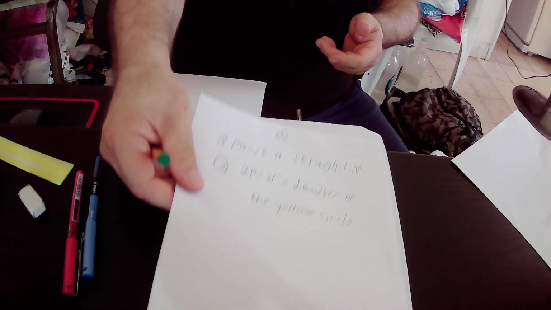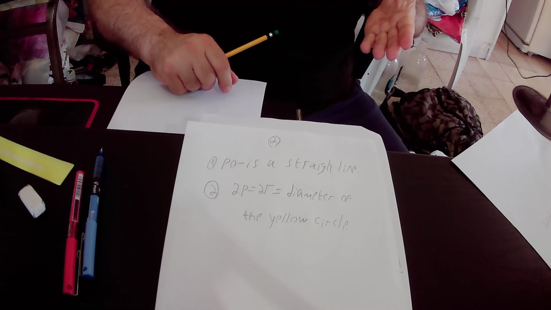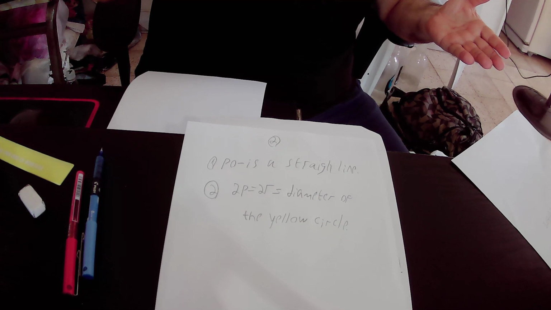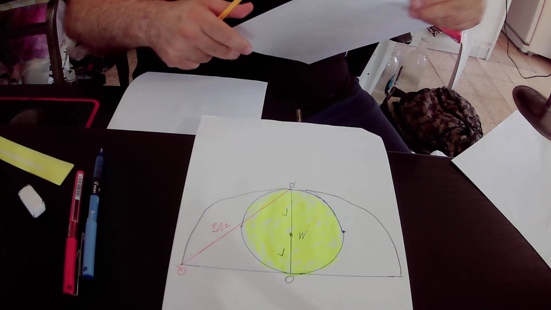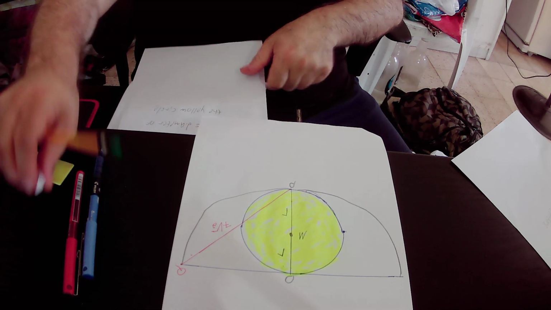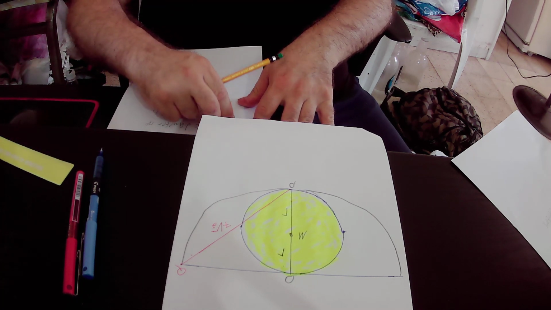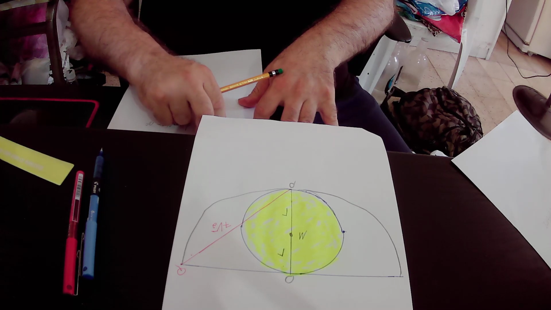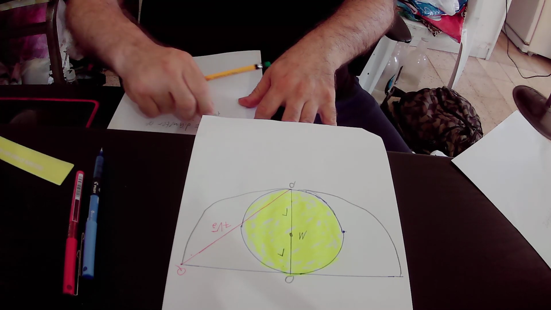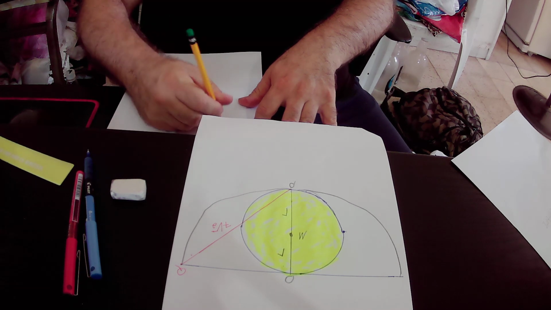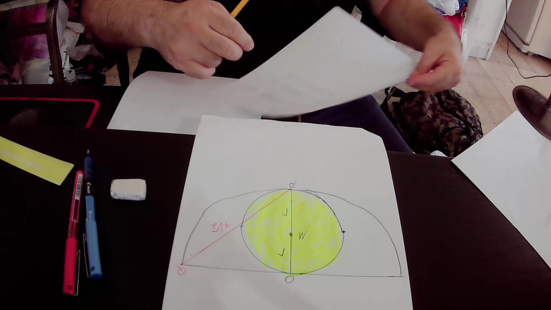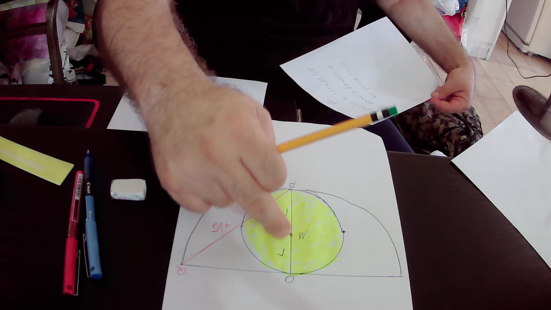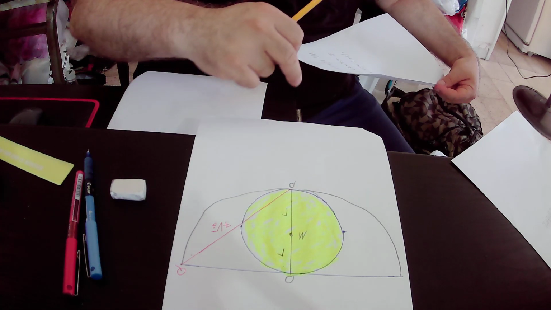So PO is a straight line according to rule number 1, and also PO equals 2 times small r.